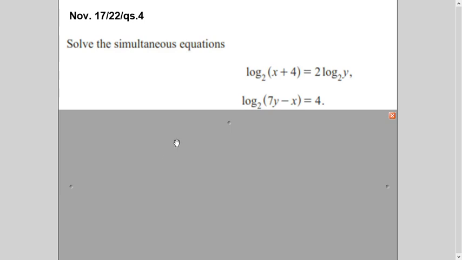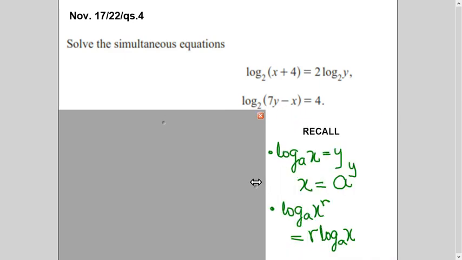So the first question: solve the simultaneous equations, which are given in logarithmic form. Before you solve this, you need to recall a few concepts. Whenever we change log form into index form, if log of x base a equals y, then in index form it is x equals a power y.